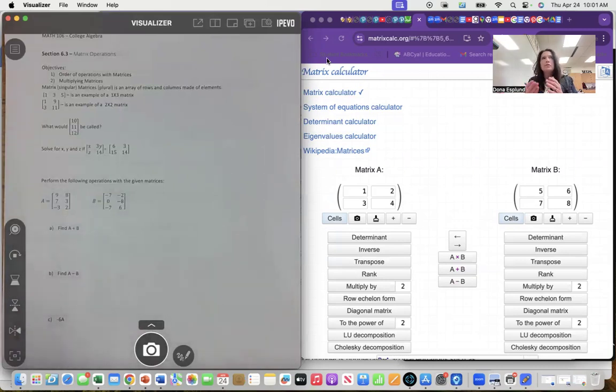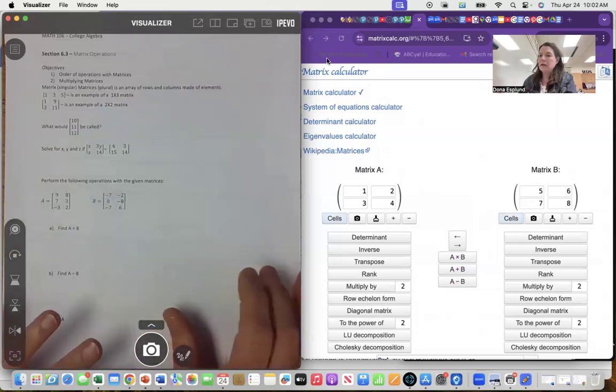If I had four variables, w, x, y, and z, with four equations, I can also set that up as a matrix, put it into reduced row echelon form and solve that. So it really has an amazing amount of uses.